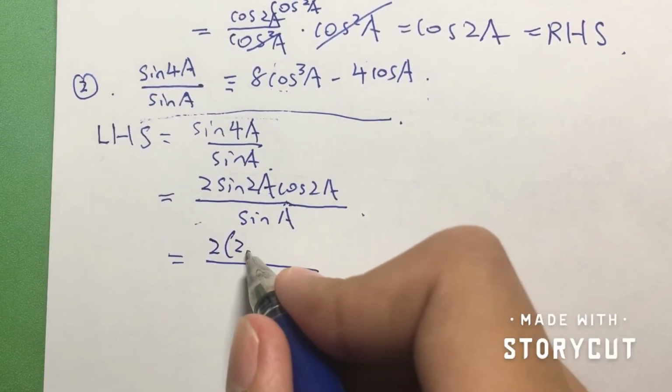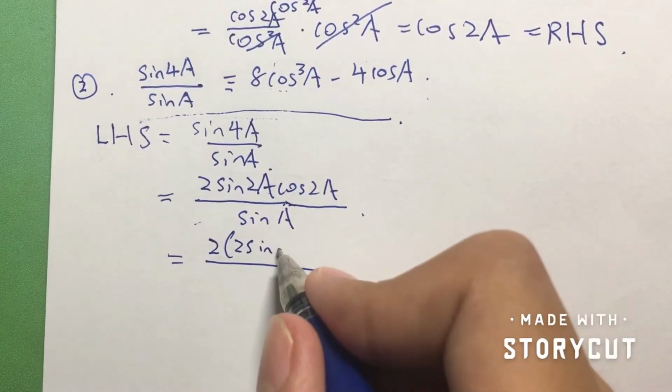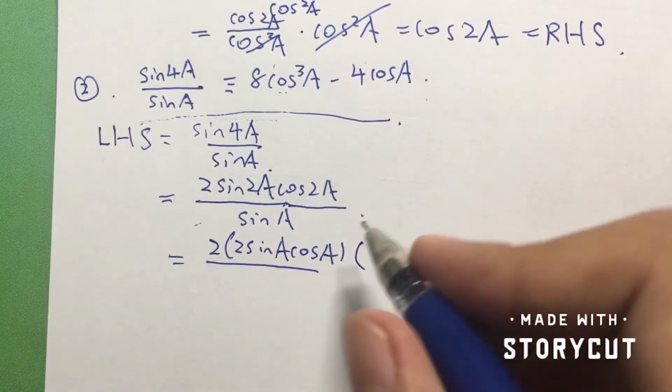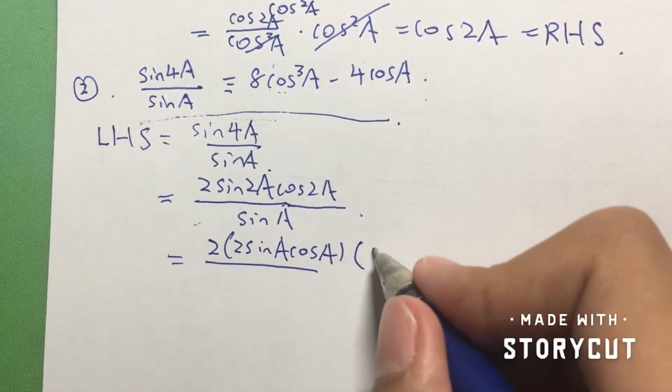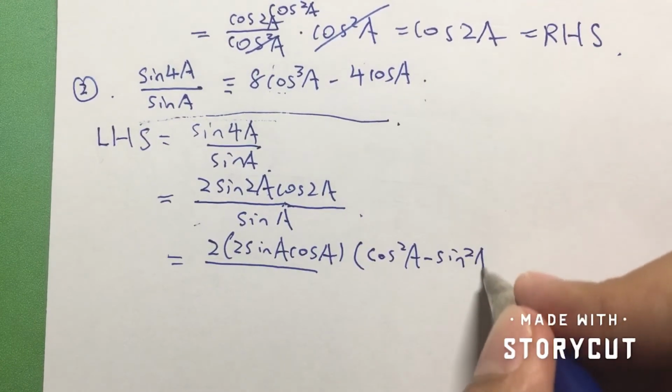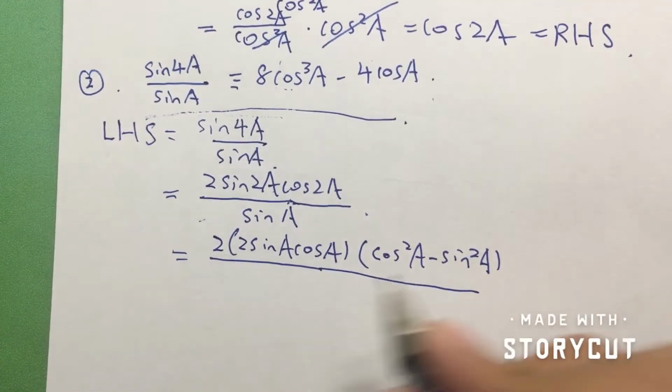And this is becoming 2 times 2 sine a cosine a, and here cosine 2a will become cosine squared a minus sine squared a, over sine a.